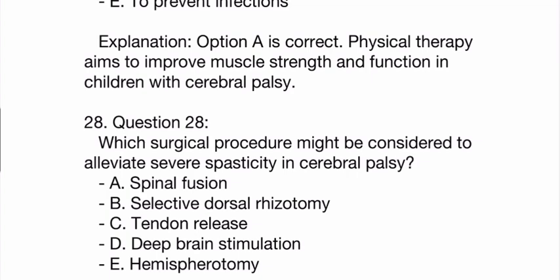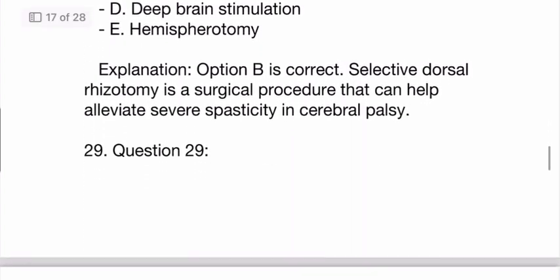So that is the procedure. Selective dorsal rhizotomy. Notice how the term has selective. So the particular nerve roots that are responsible are the ones that are selected and separated.